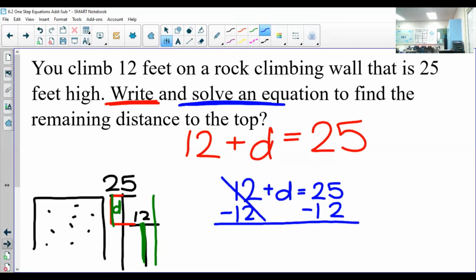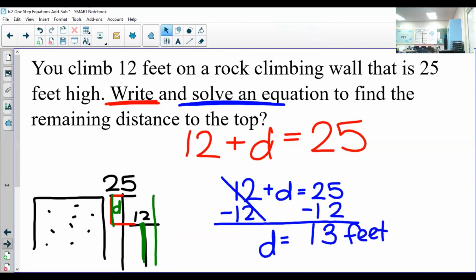My 12s are going to cancel, and on this side, all I'm going to have left is D. So D equals, well, 5 minus 2 is 3, 2 minus 1 is 1, so that distance is 13 feet. And here I have solved both questions that they want me to answer.